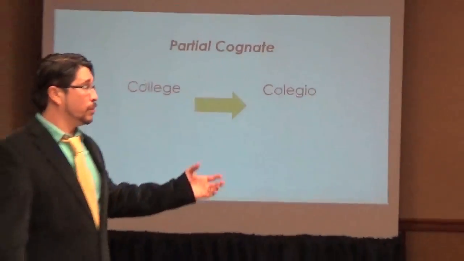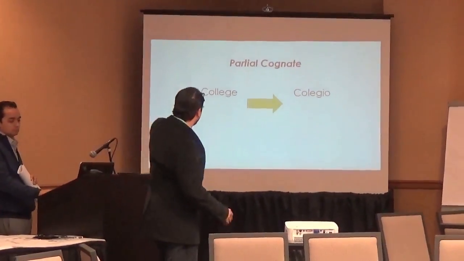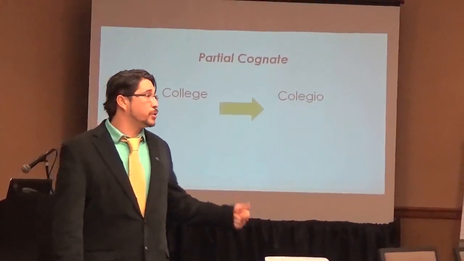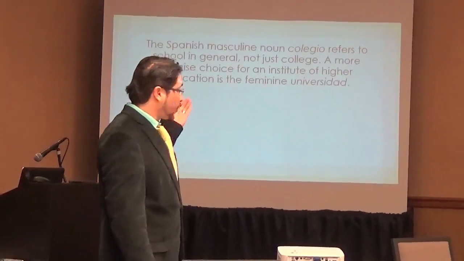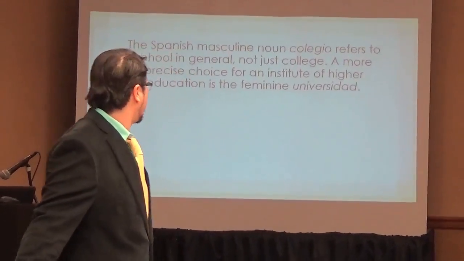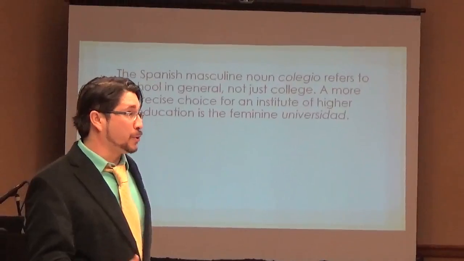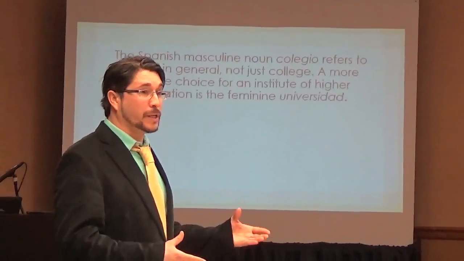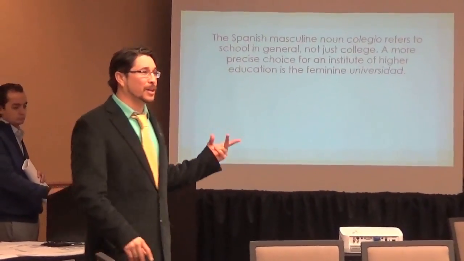And so the caveat here being the partiality is not just in the orthographic section, but also in the semantic. The Spanish word colegio can be referred to as a school in general, whereas the actual translation would be university. But it also works as a school. Both are places of learning.